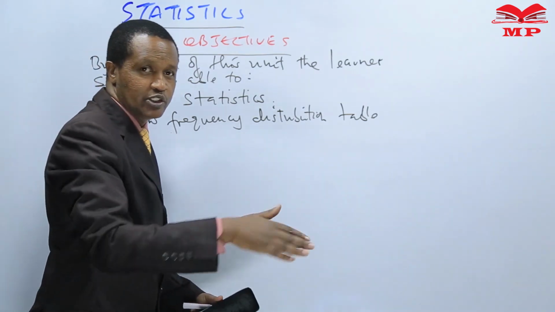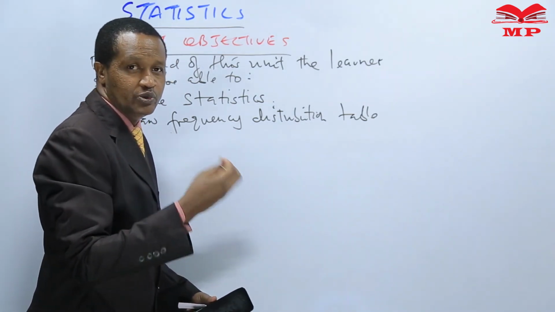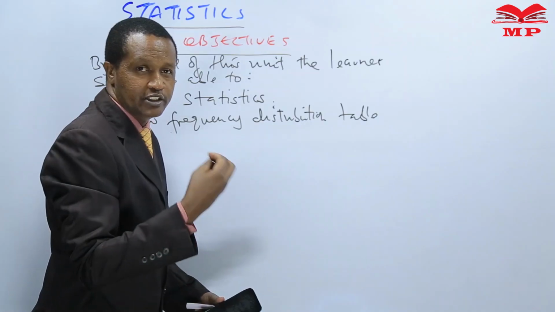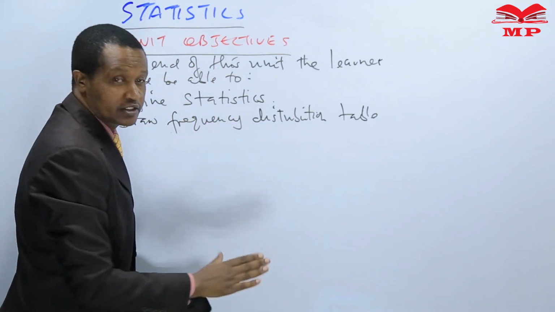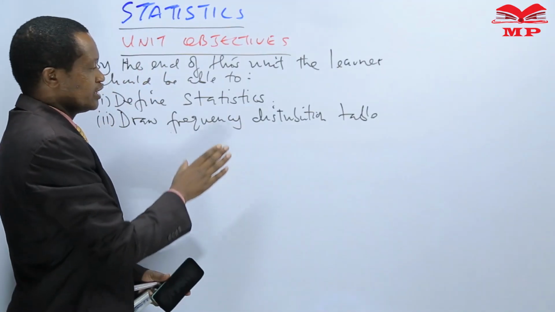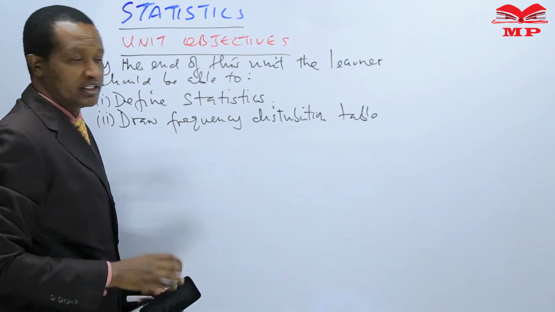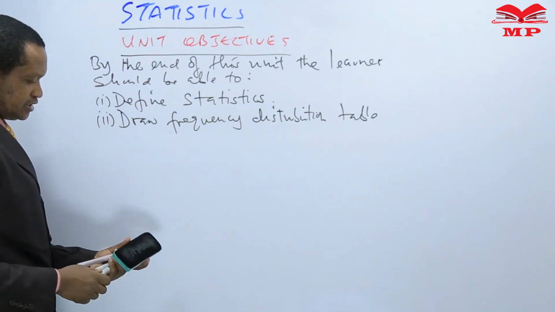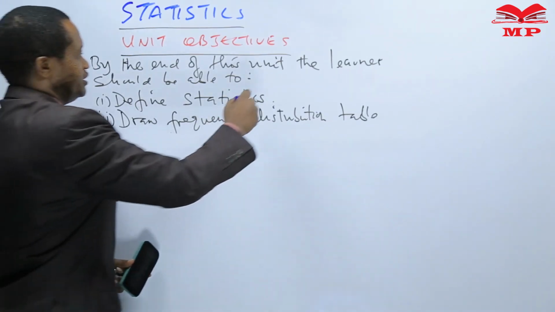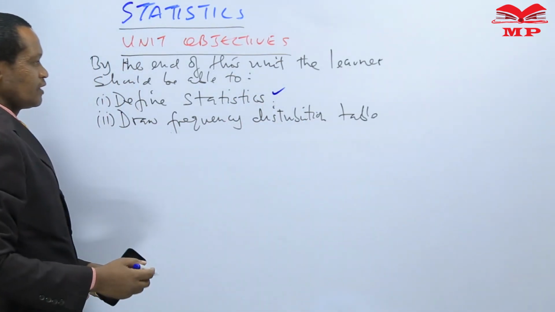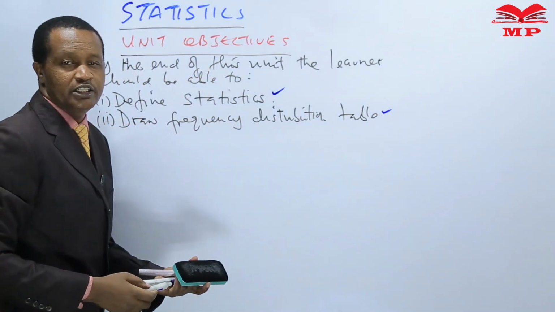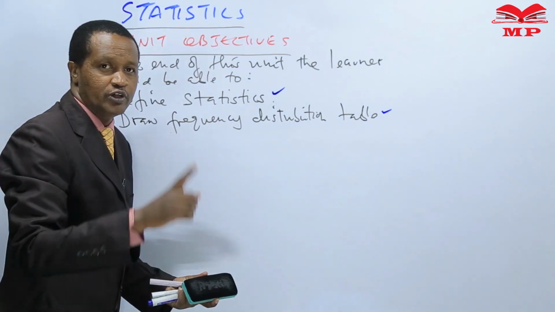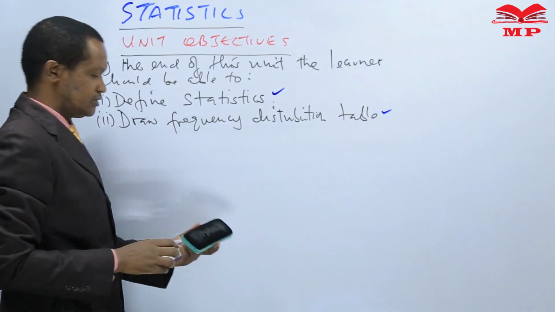You cut it into small pieces, then you chew bit by bit. The same way here, we cannot cover all this today. We'll have to pick bits. So in today's lesson, we are picking the bit on the definition of statistics. Then we'll also learn how to draw a frequency distribution table for ungrouped data.